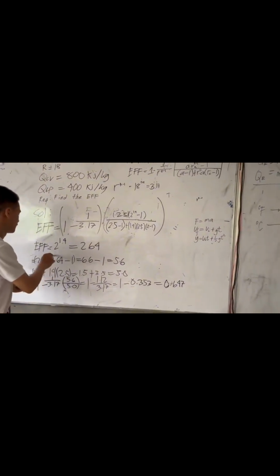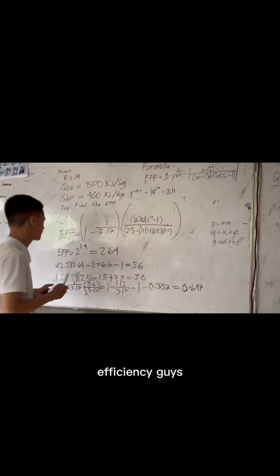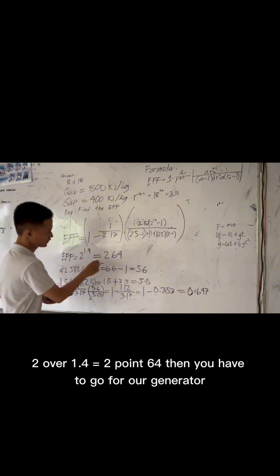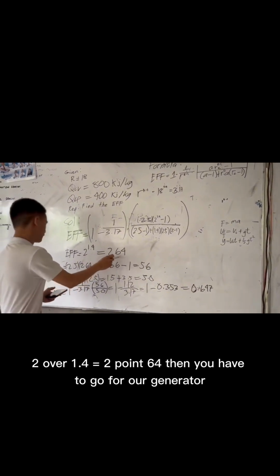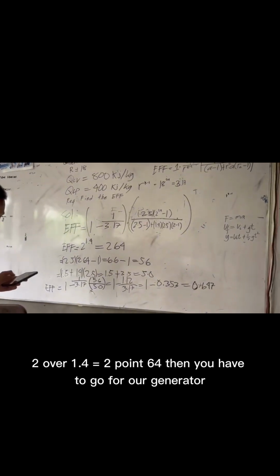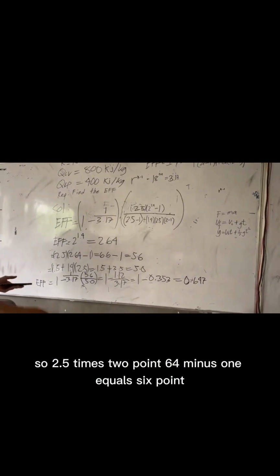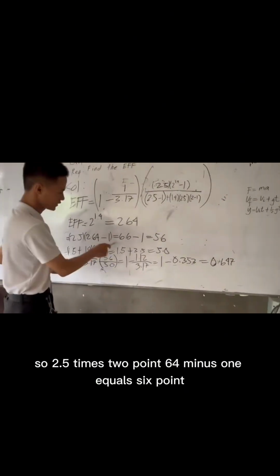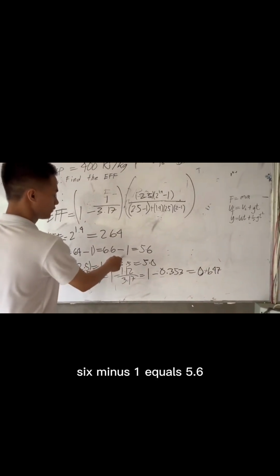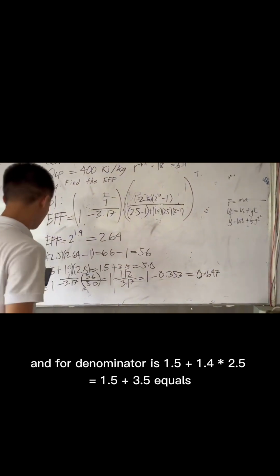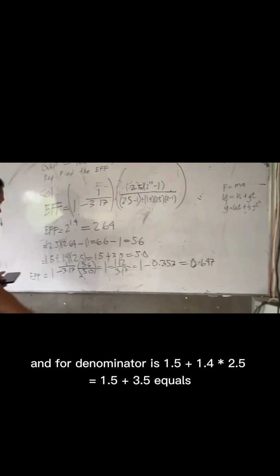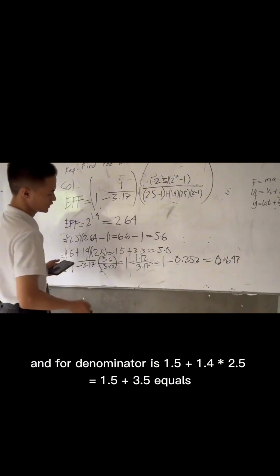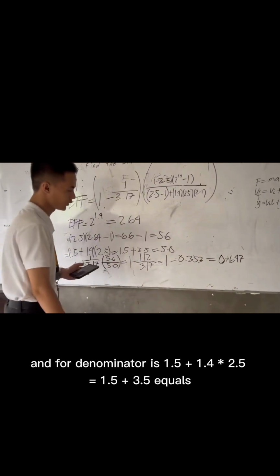Then we solve for our numerator: 2.5 times 2.64 minus 1 equals 6.6 minus 1 equals 5.6. And for the denominator: 1.5 plus 1.4 times 2.5 equals 1.5 plus 3.5 equals 5.0.